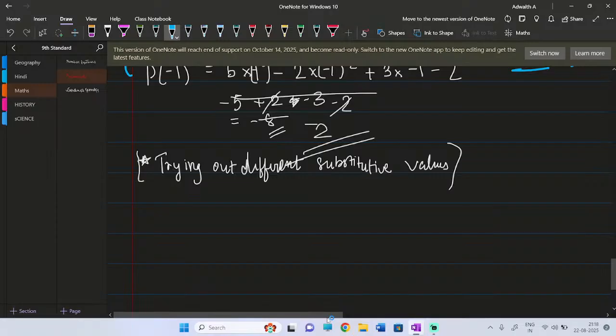I'm going to give you a question. Question 1. P of x equal to x plus 2. Find the substitutive value.